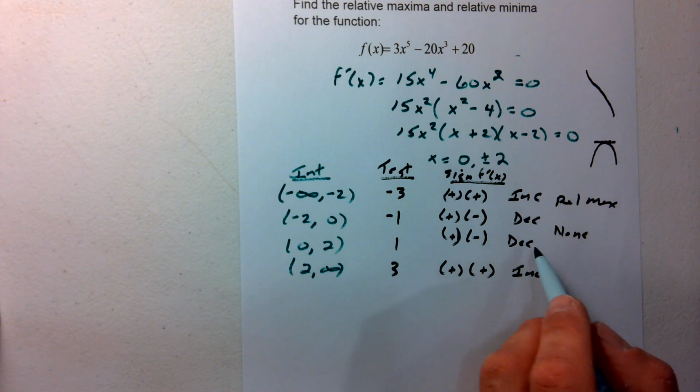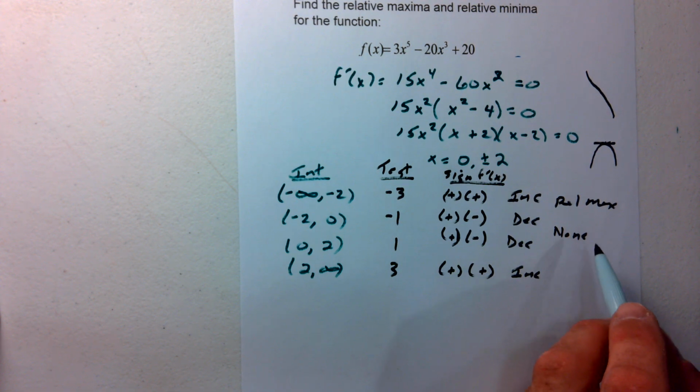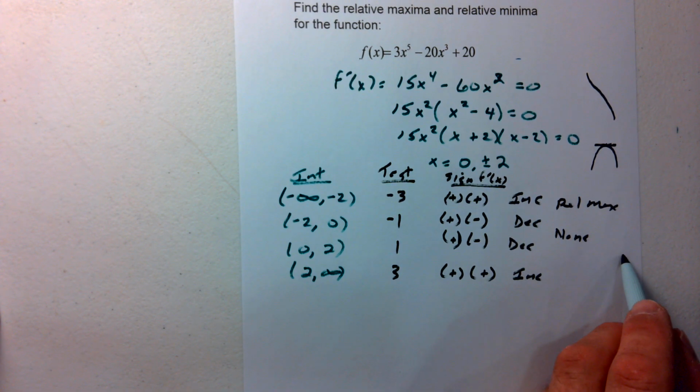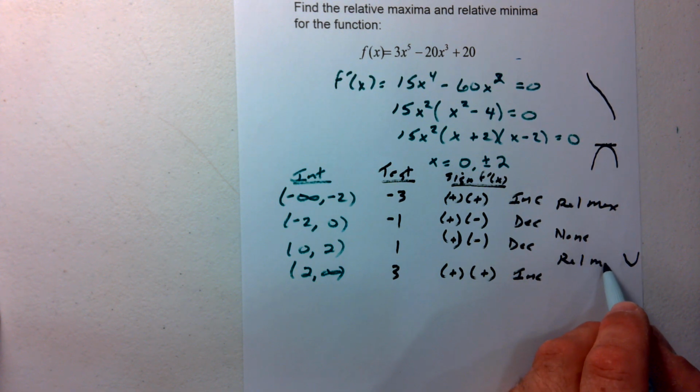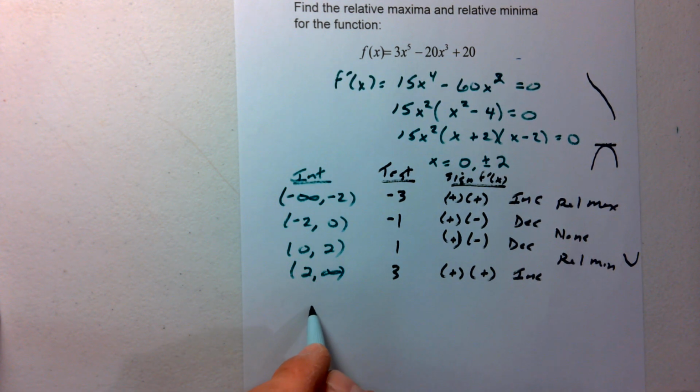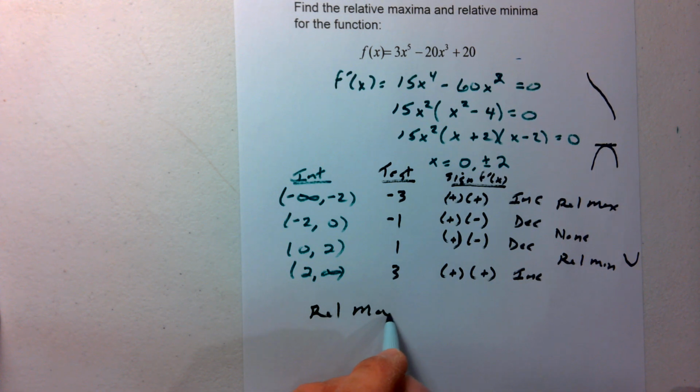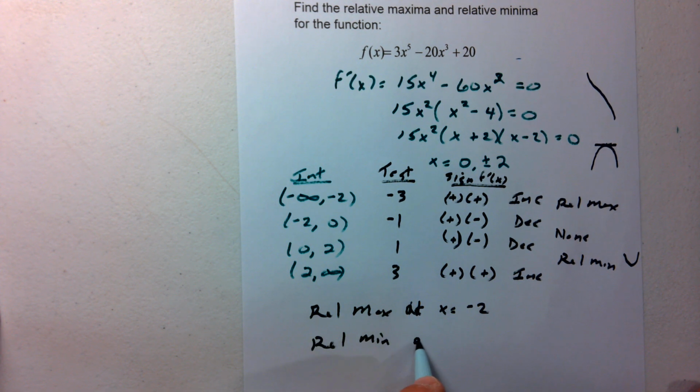Nothing. None. Decreasing to increasing. So there I'm going to decrease and then I'm going to increase. Decrease to increase, I have a relative minimum. So I know my relative max is going to be at x equals negative 2, and a relative minimum at x equals 2.